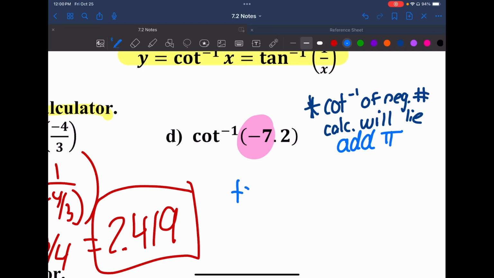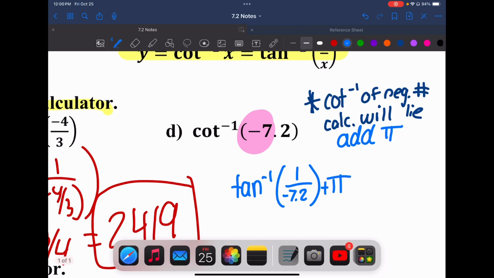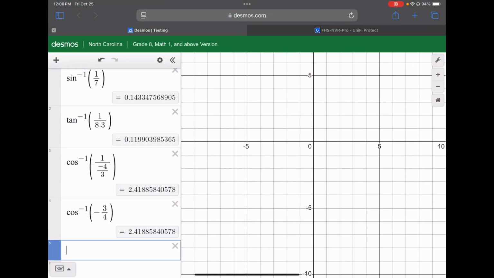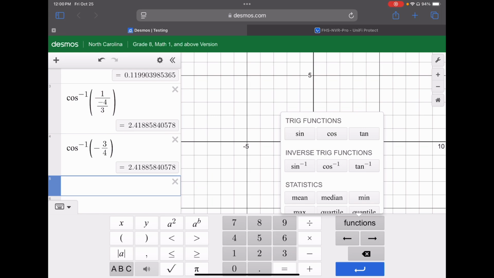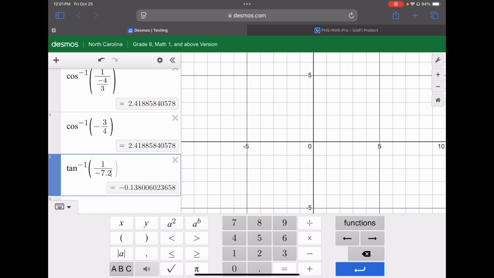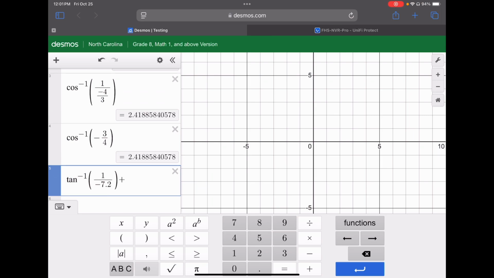Okay, so we're going to do inverse tangent of 1 over negative 7.2, but then we have to add pi to get it back to where the cotangent should go. So inverse tangent of 1 over negative 7.2, is that the right number? Yeah, plus pi. So I got 3.004.